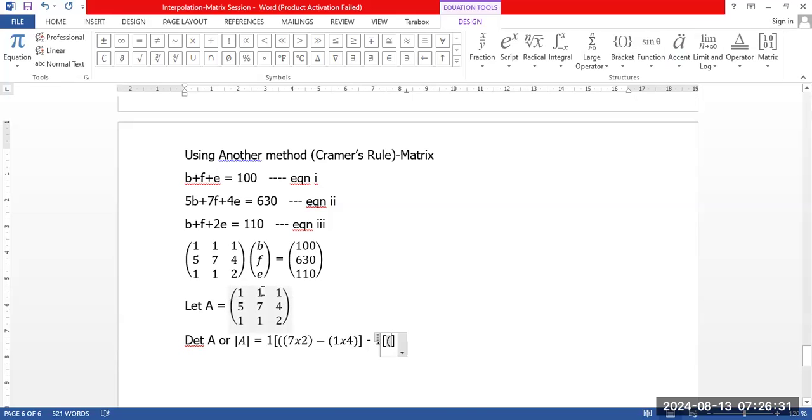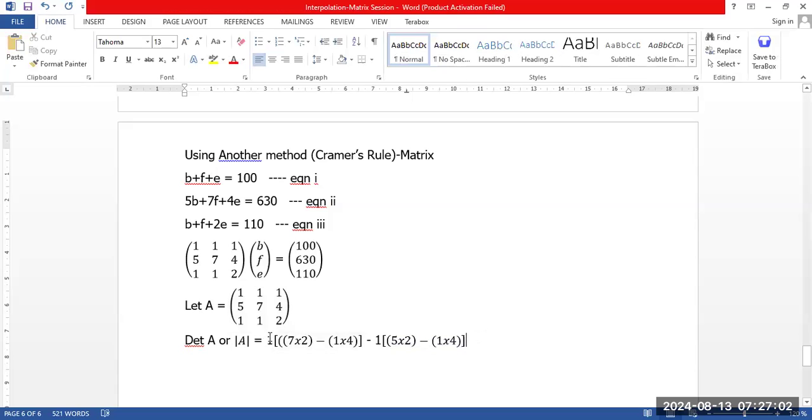If you hide this and this, you'll be left with 5, 1, 4, 2. So we are getting 5 times 2, then minus, open bracket, 1 times 4. We are done with that one.